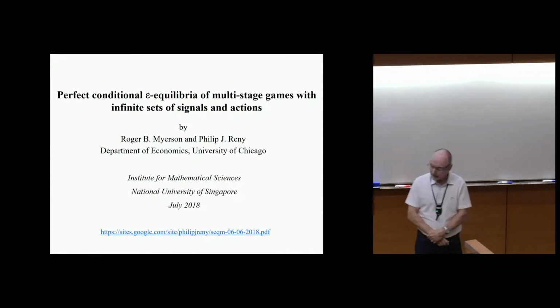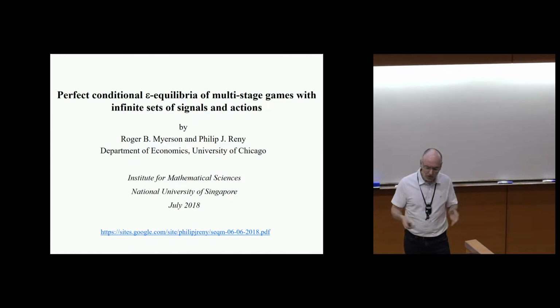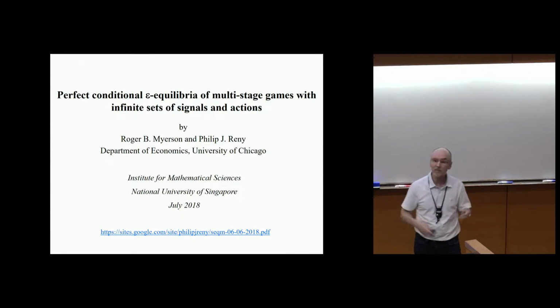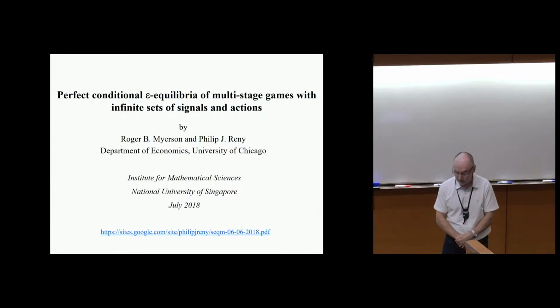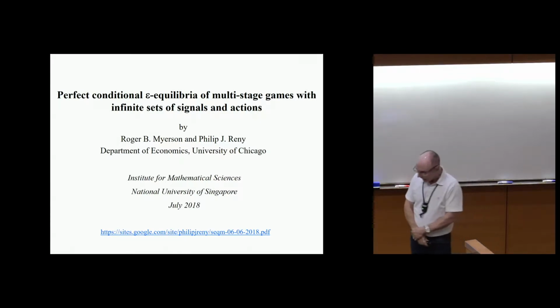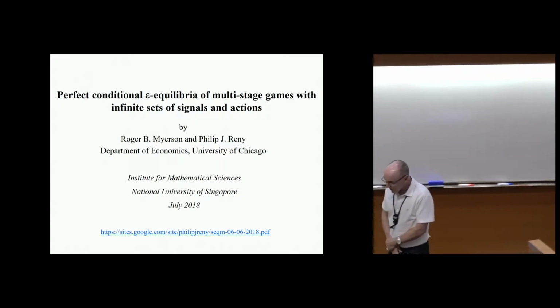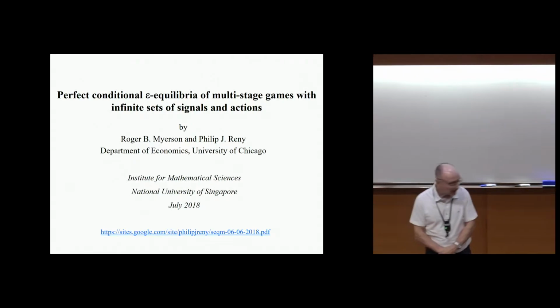So the beliefs that you hold should be nearby to Bayes rule-induced beliefs that come from nearby strategy profiles. That's what it means for the assessment to be consistent. So that's sequential equilibrium in finite games.